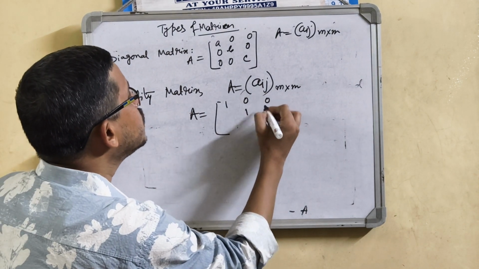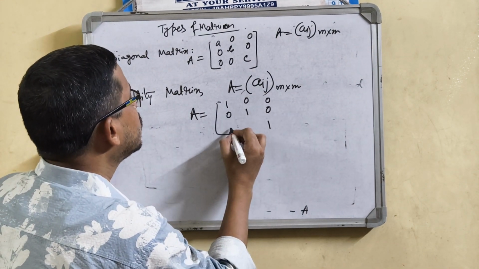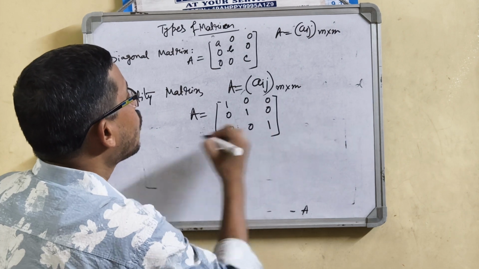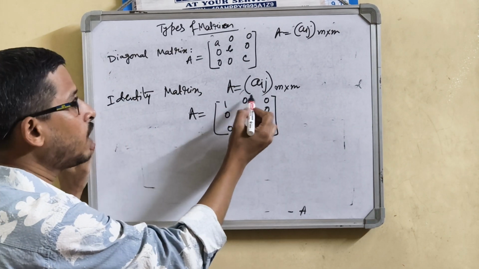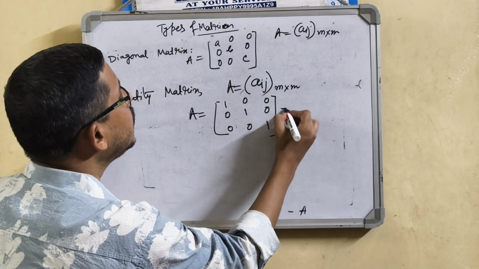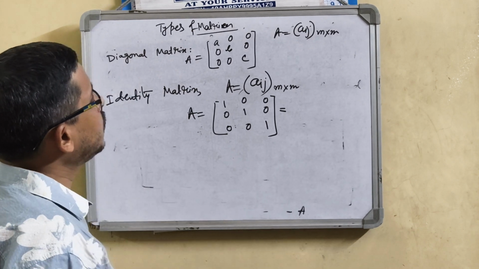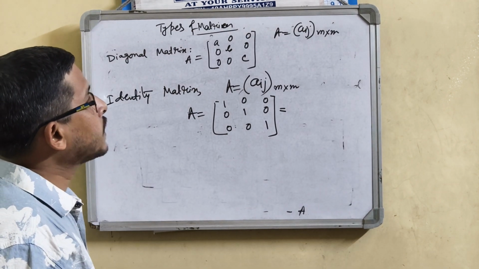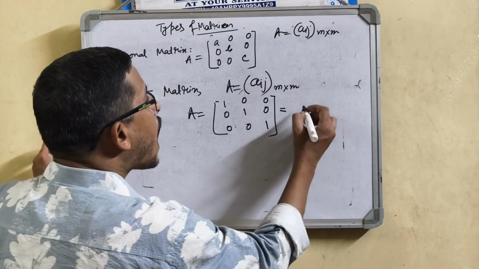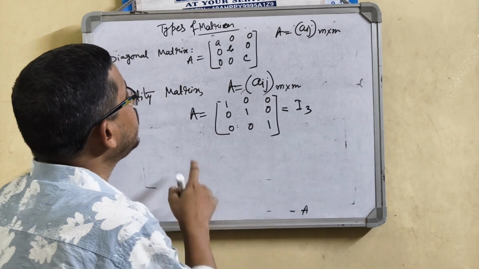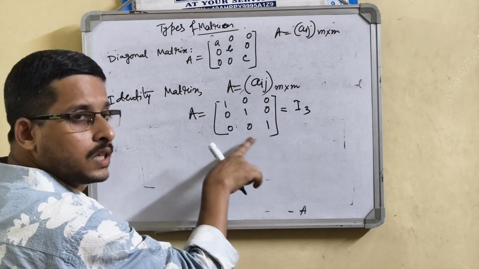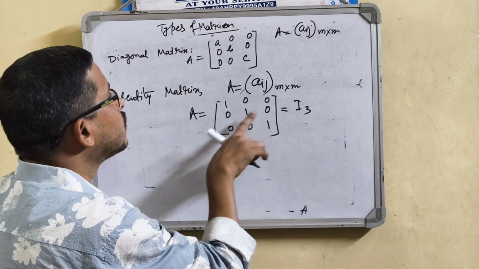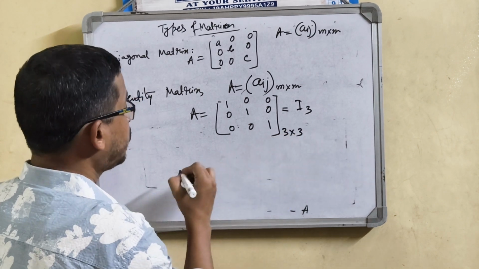So 0, 0, 0, 0, 0, 0. All the off diagonal members are 0. It is generally represented as I3, the identity matrix of order 3, that means 3 rows and 3 columns.